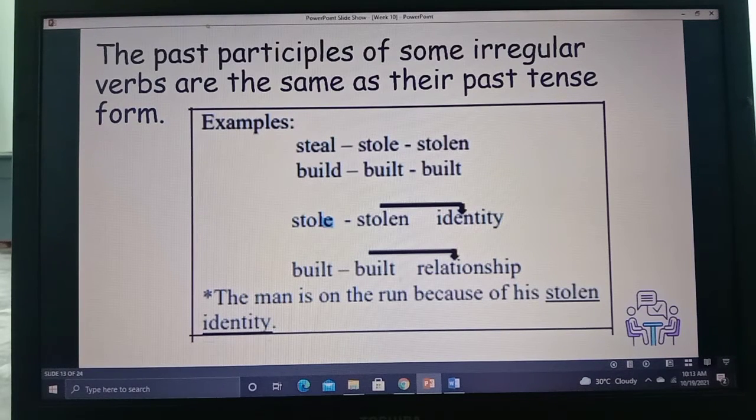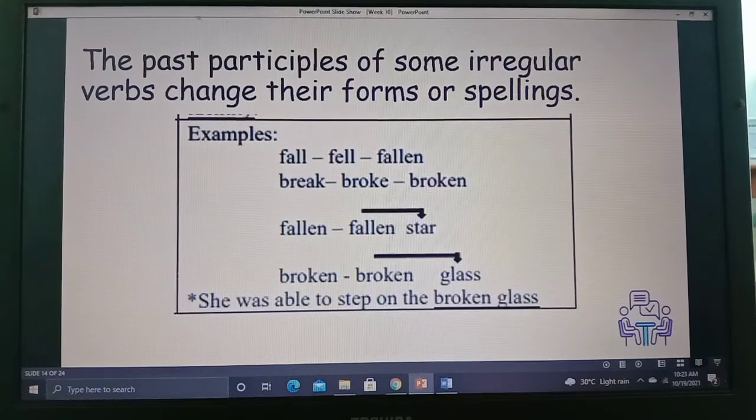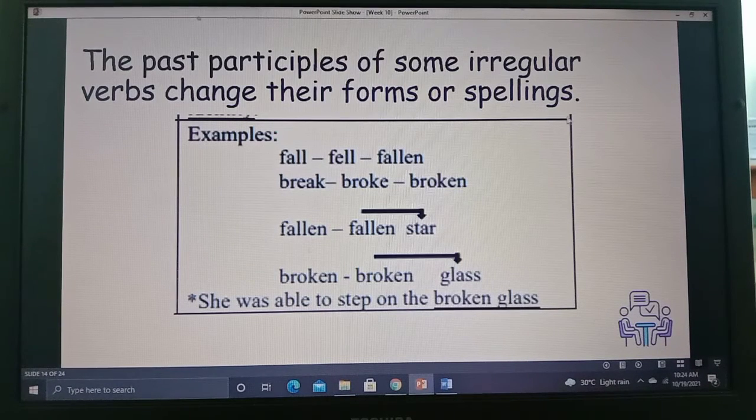Stolen identity. So yung next one is the past participles of some irregular verbs change their forms or spelling. So nagbabago naman yung form o kaya ay yung spelling. For example, dito yung fall. Fell ang past tense niya. Tapos kapag ginamit mo siya as a participle, magiging fallen.